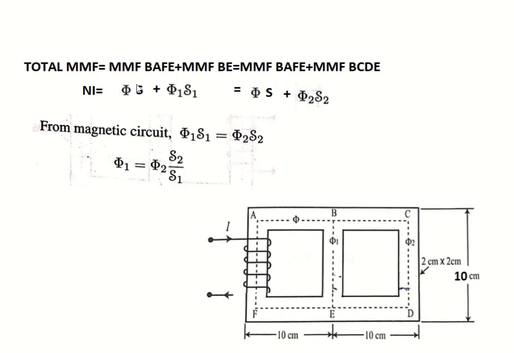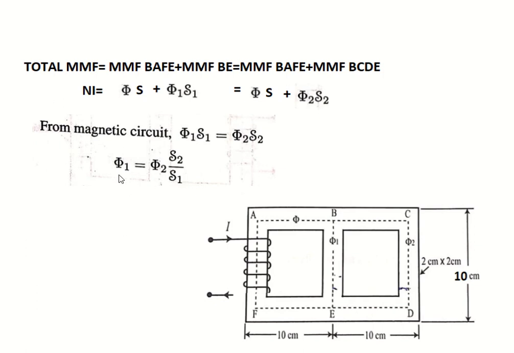So either this part, MMF of BAFE plus MMF of BE, or you apply the second path, MMF of BAFE plus MMF of BCDE, so phi into S plus phi 2 into S2. So from these two equations we can see phi 1 S1 equal to phi 2 S2.